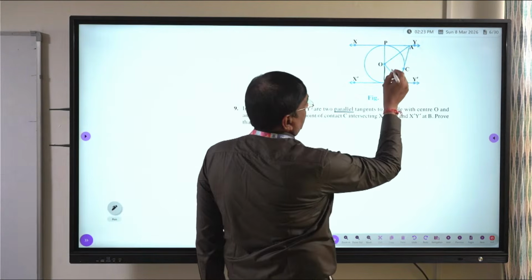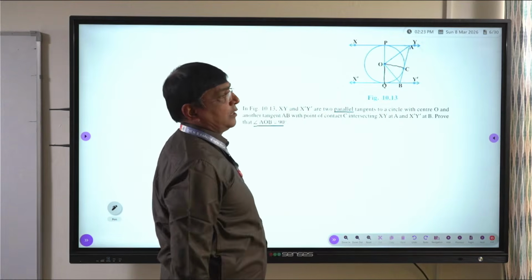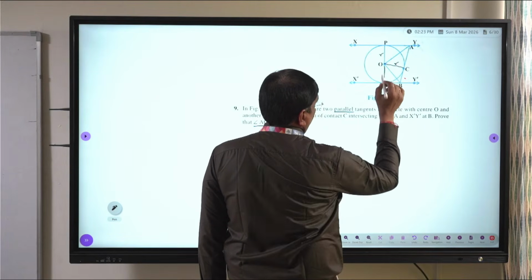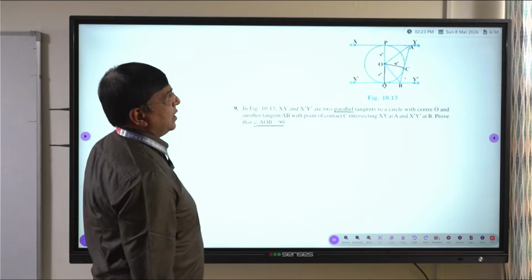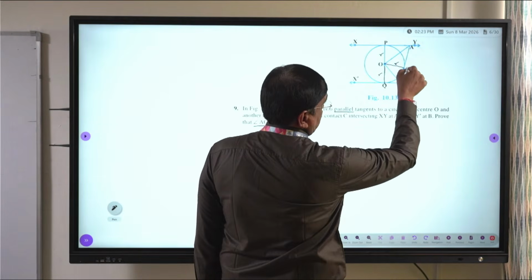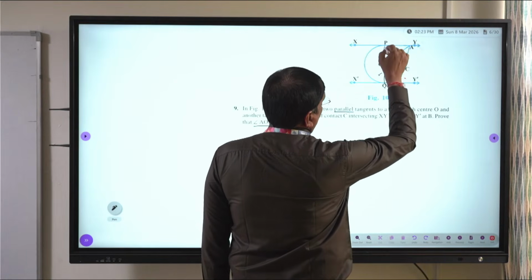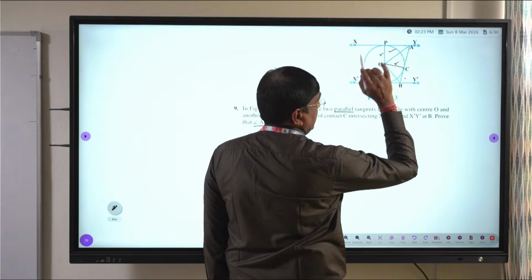Start with proof. First join OC, nothing but the radius. So OP is radius, OQ is also radius. Consider two triangles. One triangle, that is OPA, and triangle OAC.